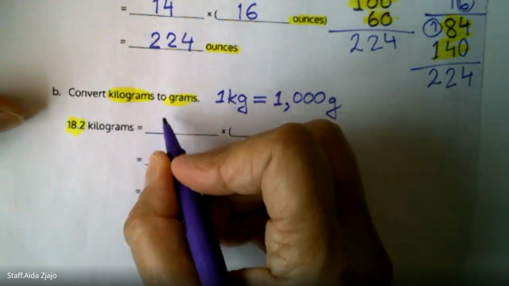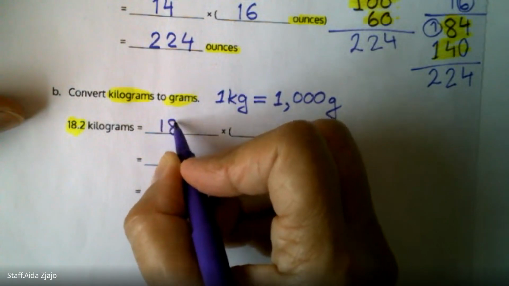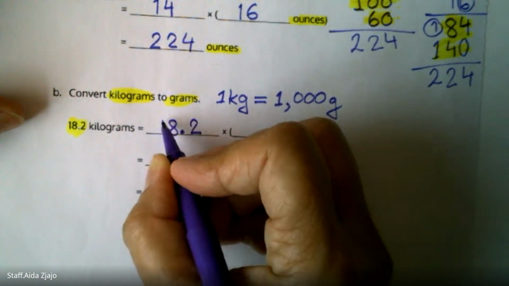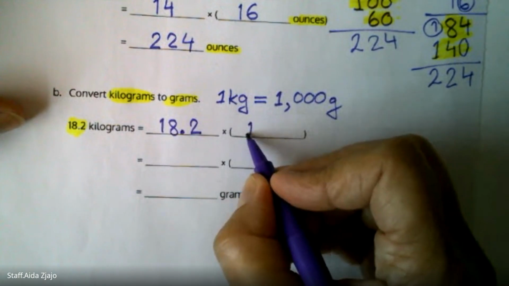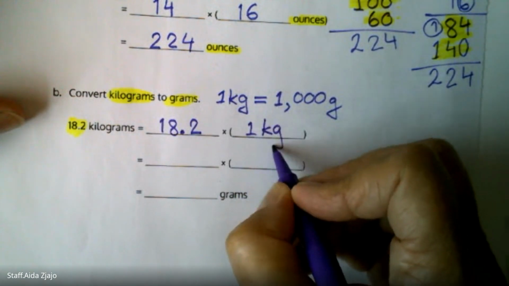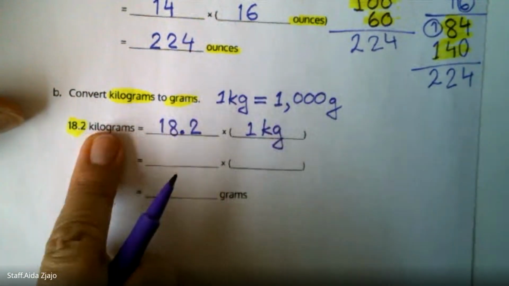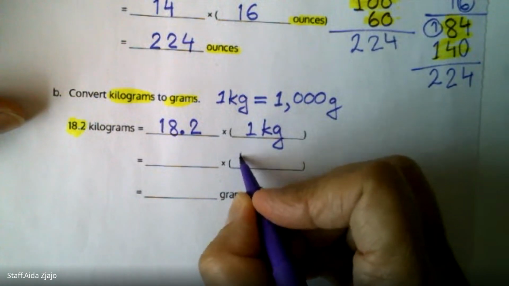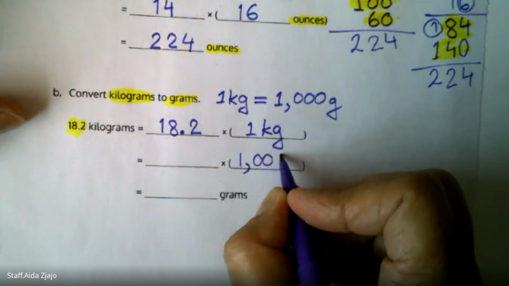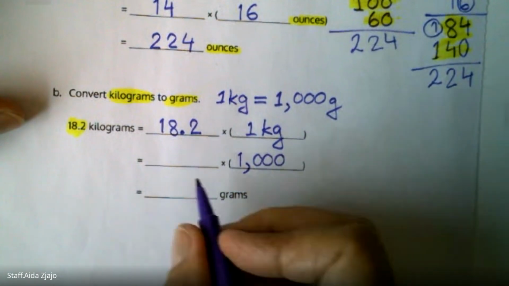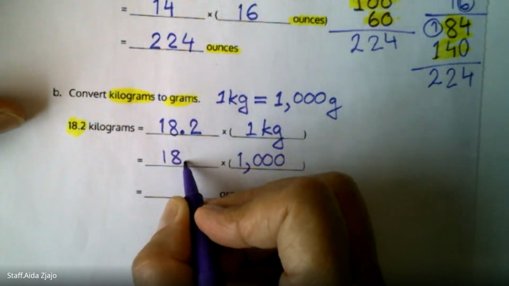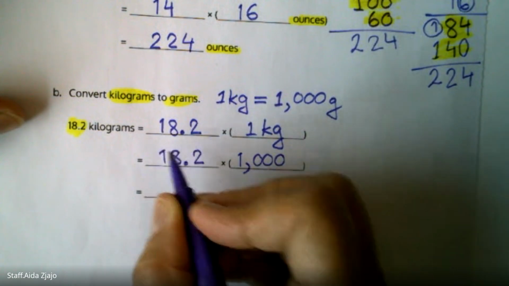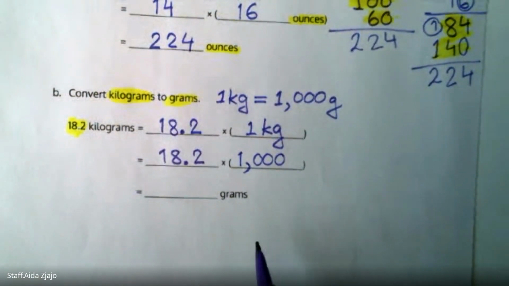You can say this is 18 and 2/10 times 1 kilogram. Now, if I change a kilogram into 1,000 grams, that means I can multiply 18.2 by 1,000, and I will know how many grams that is.